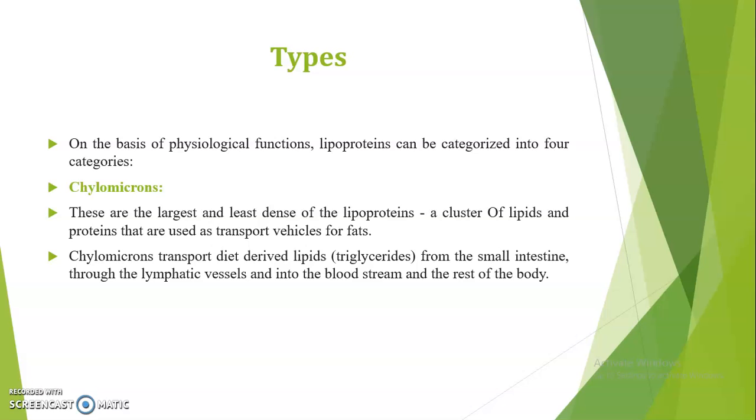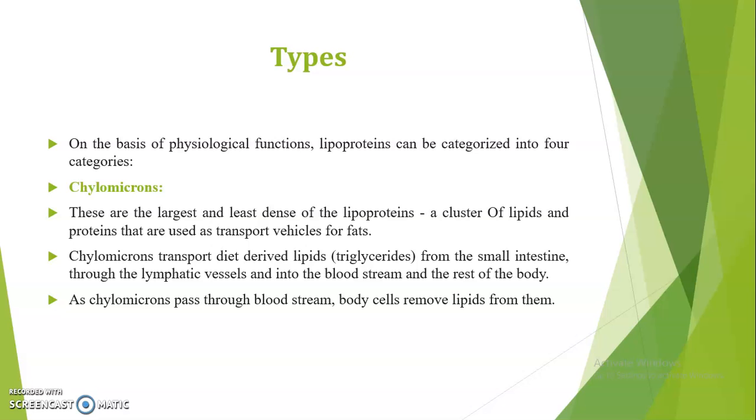Means the major function served by the chylomicrons is transportation of diet derived lipids, that is the triglycerides. We have studied in detail about the triglycerides. They consist of the esters of glycerol with the free fatty acids. So they are transported from the small intestine to the other parts of the body through the bloodstream.